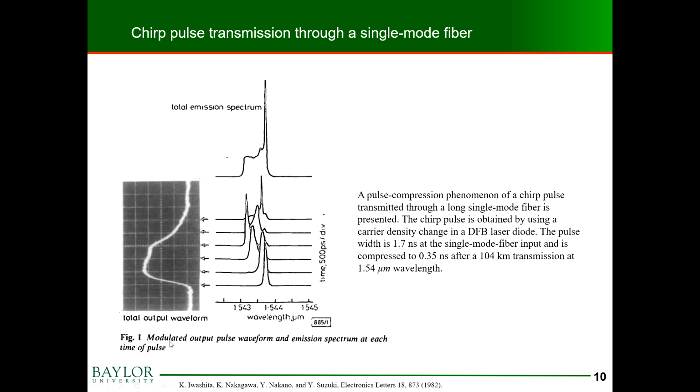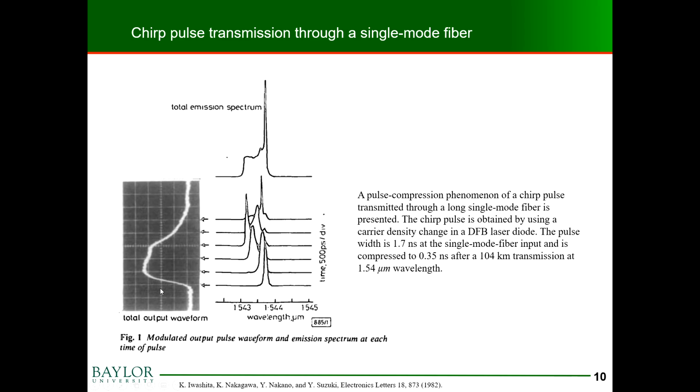This paper talks about the optical output waveform in the time domain. At different slices of time, they apply the Fourier transform. They pick different slices of time and plot in the spectrum domain.